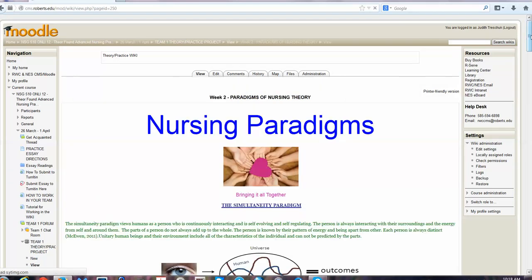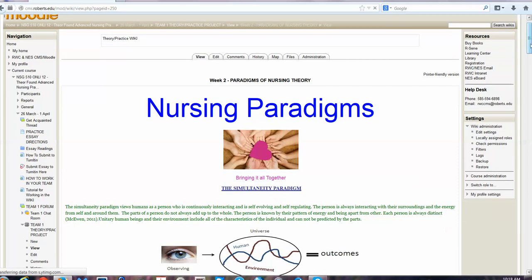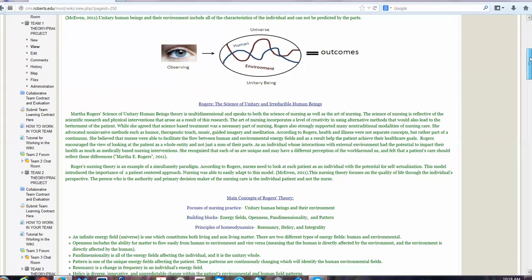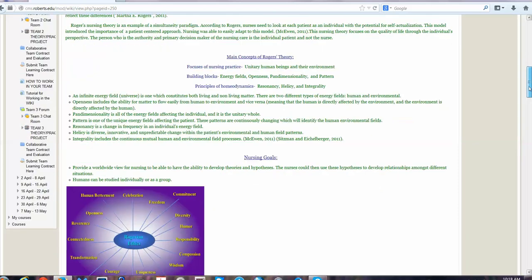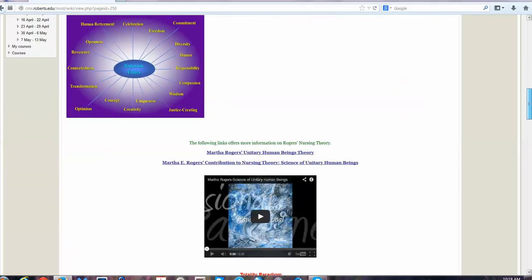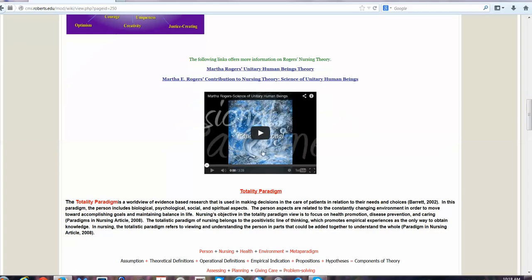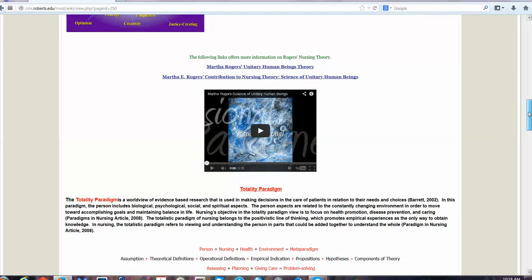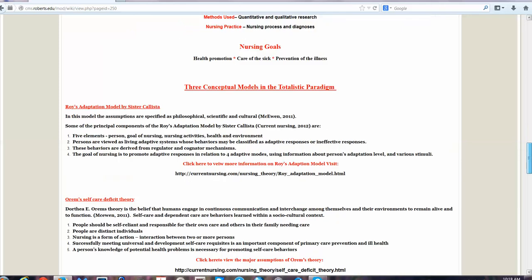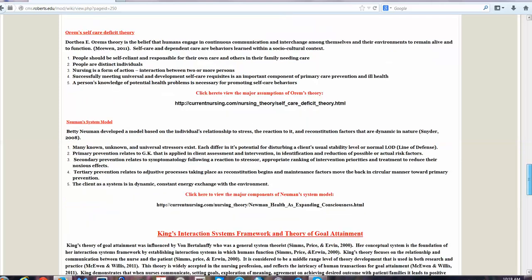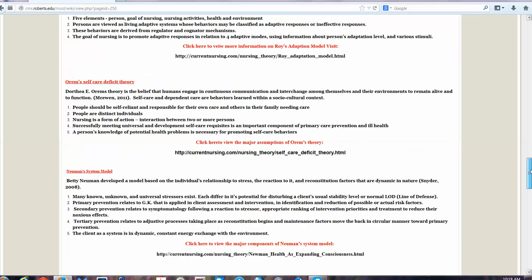So we'll go to week 2, which is paradigms of nursing theory, and we'll see this is what team 1 created. And they talked about the 2 paradigms. They gave an example of the nursing theory that represented the simultaneity paradigm and what that theory was about. They embedded a video in. They talked about the totality paradigm and gave an example of a theory, in this case Roy's adaptation model.